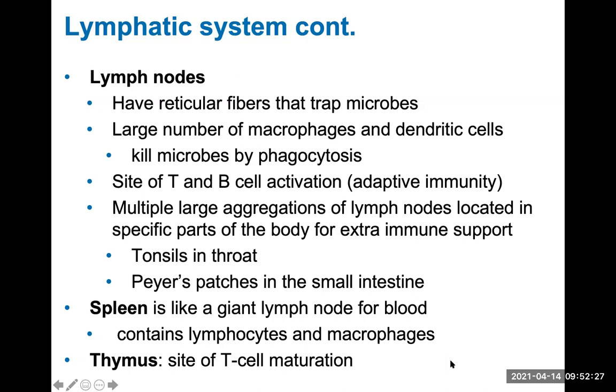The spleen is partly a lymphatic organ. It has other functions as well. It's not strictly lymphatic, but it's similar. You can think of the spleen as like a giant lymph node for the blood. Scanning the blood directly, it contains a lot of lymphocytes and macrophages. So, the same idea as lymph nodes, but lymph nodes don't have any other function.